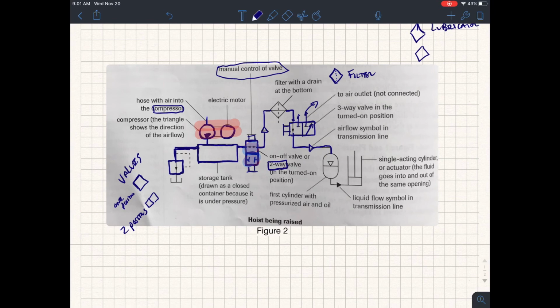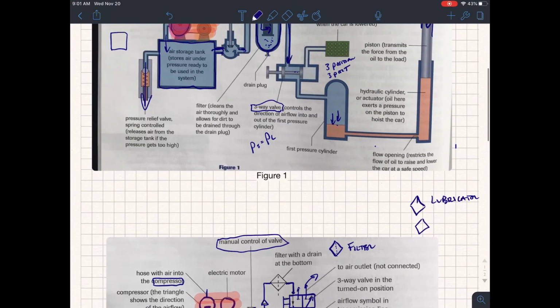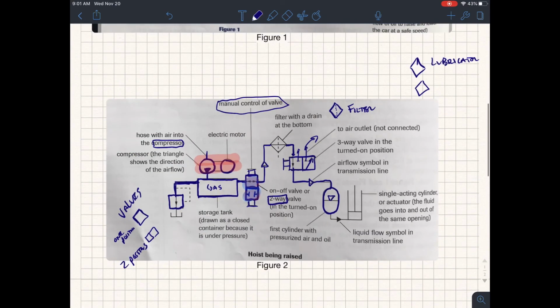Usually this is reserved for a compressed gas reservoir. When we have this oval shape, that is for storage cylinders. And different storage cylinders can have different symbols inside of them. Remember, this little triangle means that it's pressurized gas. So there's our cylinder right there. Then we have, of course, it's composed of both air and oil.